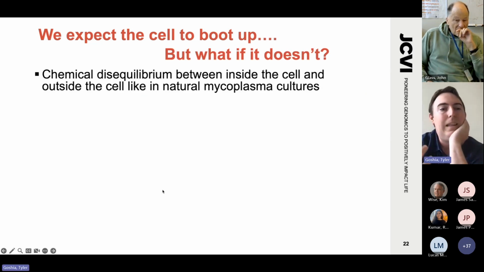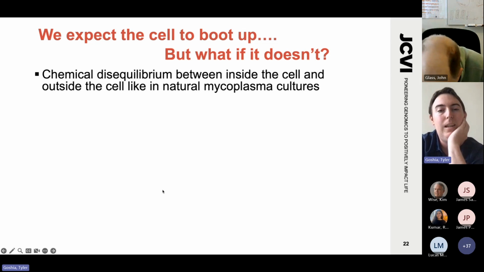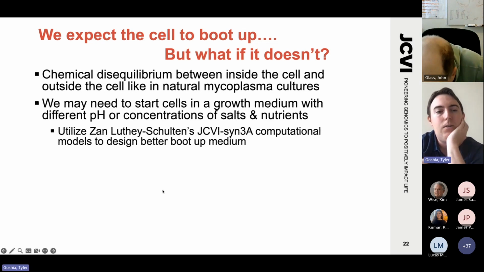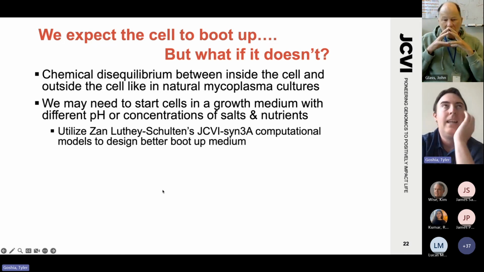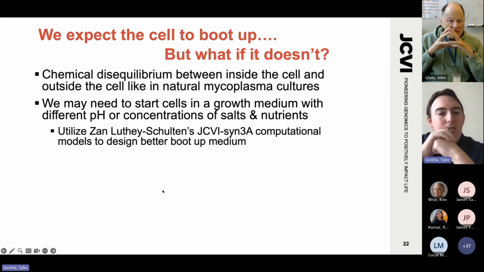One reason might be the chemical disequilibrium between the inside and the outside of the cell. So to alter that, we might need to start cells in a growth medium with different pH or concentrations of salts and nutrients. And instead of empirically trying all these different things, we can actually utilize Zan Luthey-Schulten's computational models to better design a boot up medium.